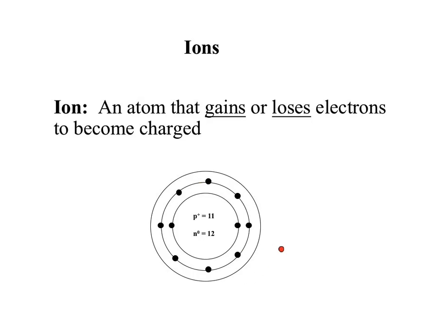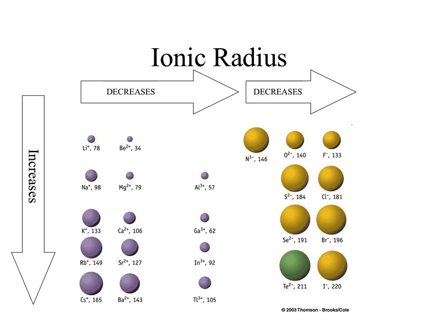It gets smaller. So if you remove electrons, it gets smaller. What do you think happens when we add electrons? It gets bigger. Okay? So for ionic radius, all the positive ones, the ones that have lost electrons, actually get smaller than they were before, whereas all the negative ones, which have added electrons, are larger than they were before.